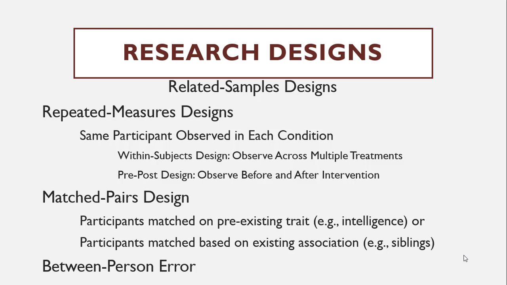Importantly, what all of these related samples designs do is they remove the importance of between person error. So if I'm a good test taker in a related samples design, especially a repeated measures design, it really doesn't matter that I'm a good test taker. I'm a good test taker when I take it before stats. I'm a good test taker when I take it after stats. So all we care about is the improvement.